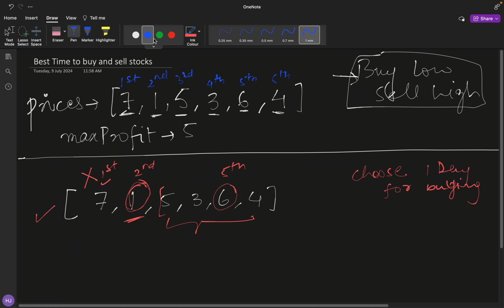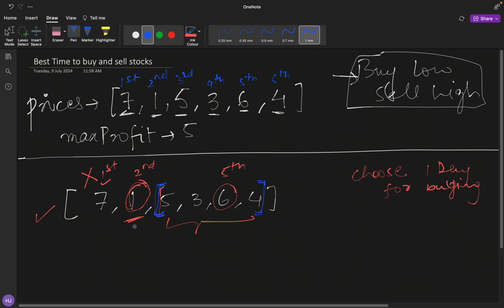What are all the possible days on which we can sell? We have to choose from this subarray which I have marked in blue. Amongst these values, the one which is maximum, I will sell on that day only. So that's what the thing is.